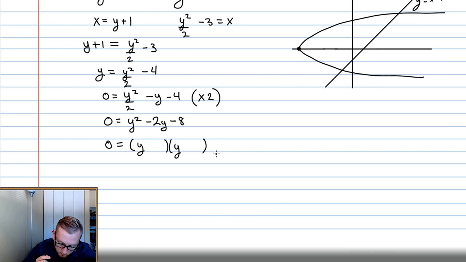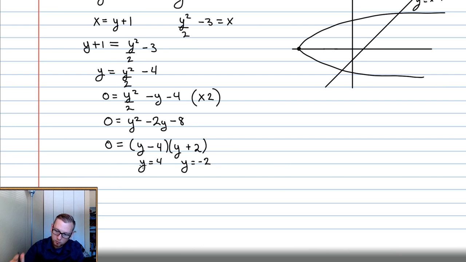So the 2 would be positive because minus 4 would be a better value. If we go minus 4 and then add 2, we'd get negative 2. Which means these two values imply that y is equal to 4 and y is equal to negative 2.